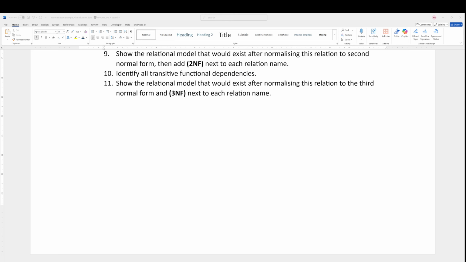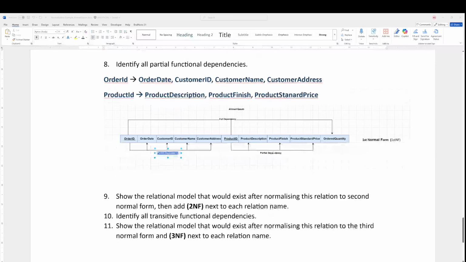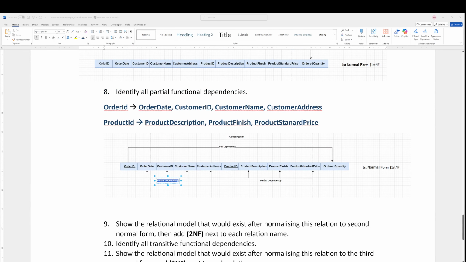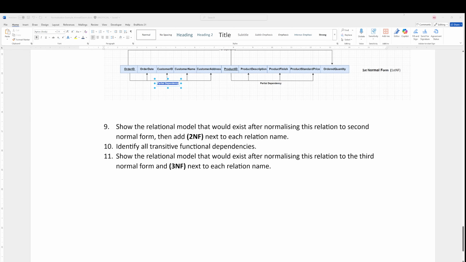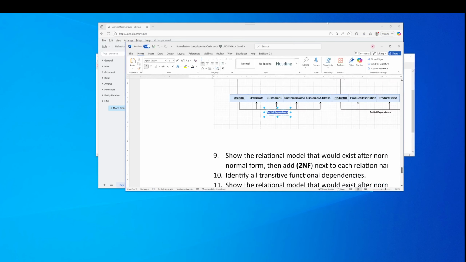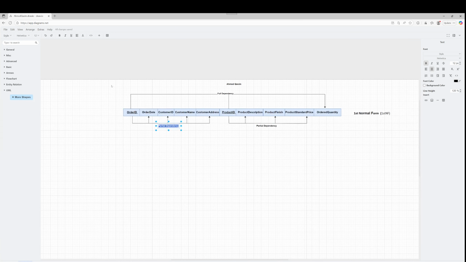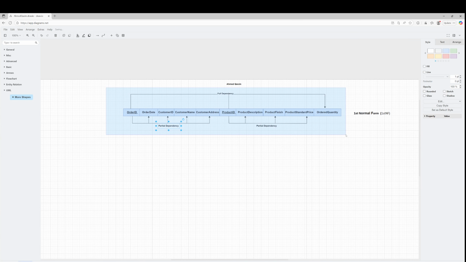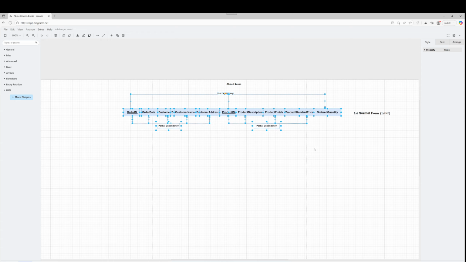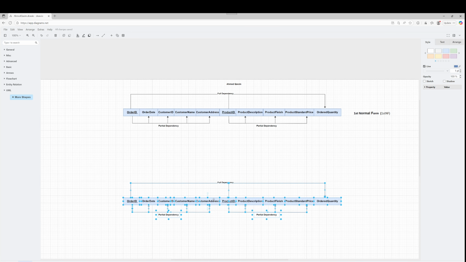In order to get into the second normal form, we have to remove the partial functional dependency. So what are the partial functional dependency here? So you got 1, 2. I'll just copy this one and work on it.